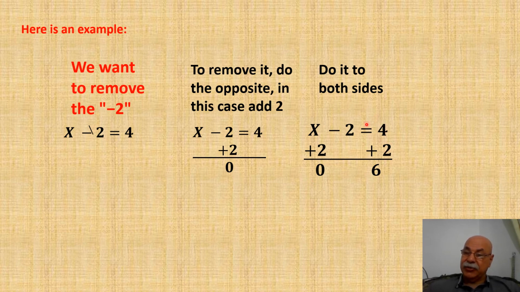In this side also plus 2, because I added in order to cancel this 2. That's why I added 2 here in order to become 6. So x equals 6. x equals 6.